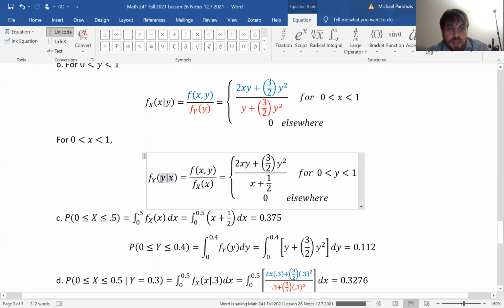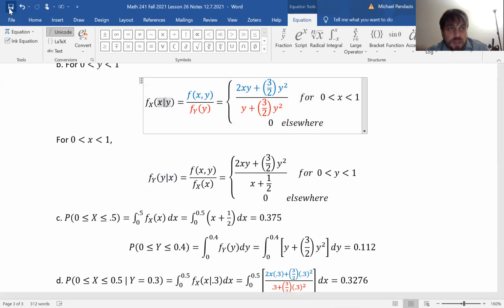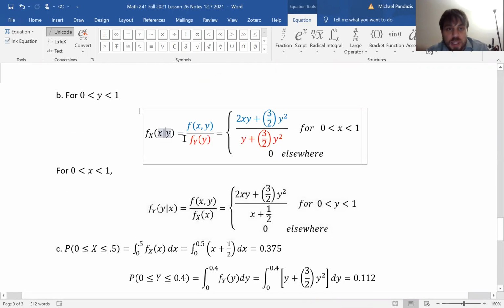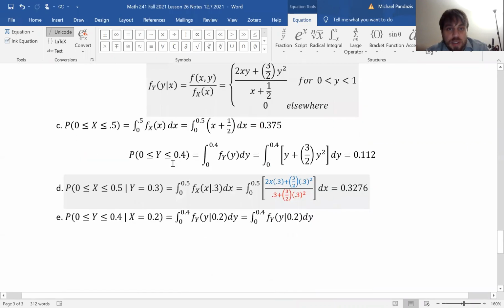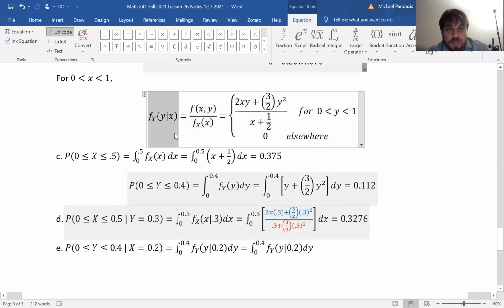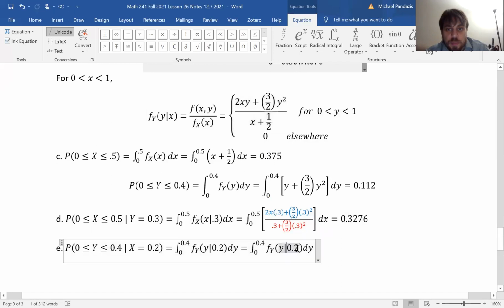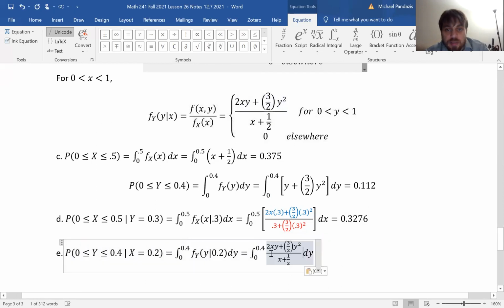Okay, so these are the values of y. This is the value of x because it's f sub y, so this is the value of y. This is f sub x, so this is x, and then that's y. Okay, that's the condition. Okay, so f sub y of y given 0.2. You're just plugging in x equals 0.2 into there. So it's this expression when x is 0.2. Okay, so you take this expression, you plug it in for here, but x is going to be 0.2.